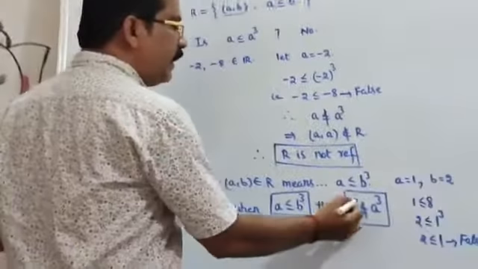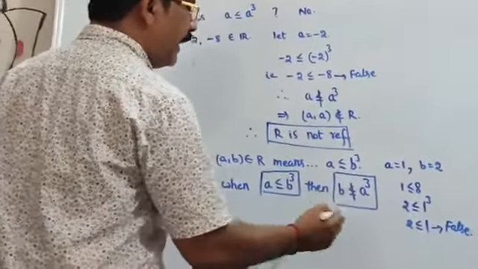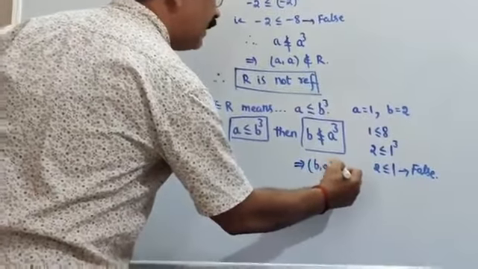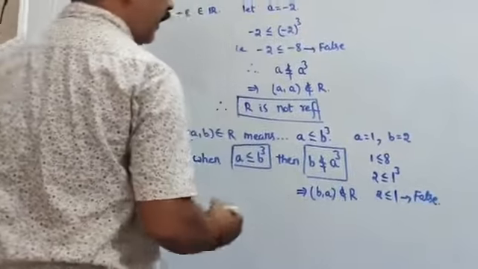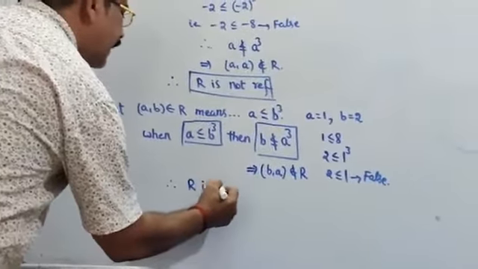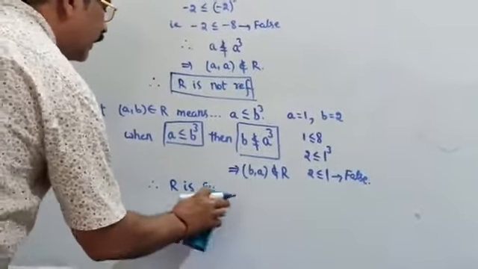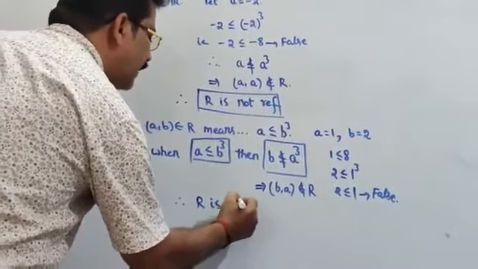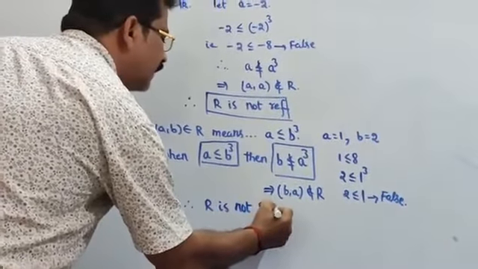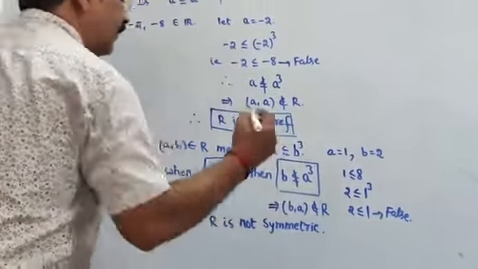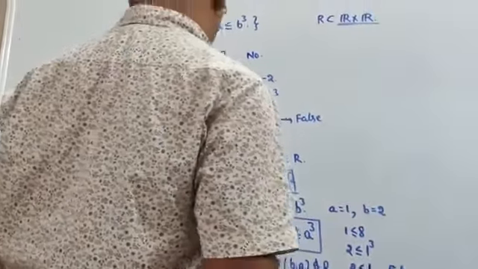Hence, B is not less than or equal to A cubed, so the pair (B, A) does not belong to capital R. Therefore, capital R is not symmetric.